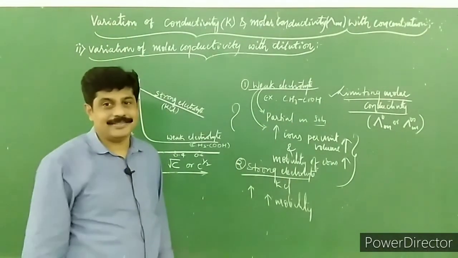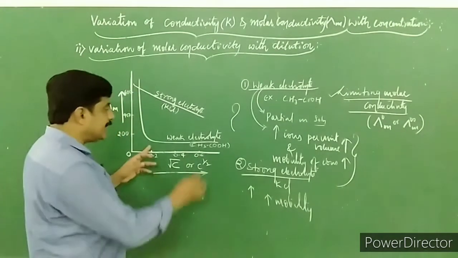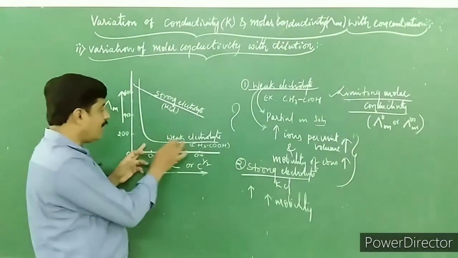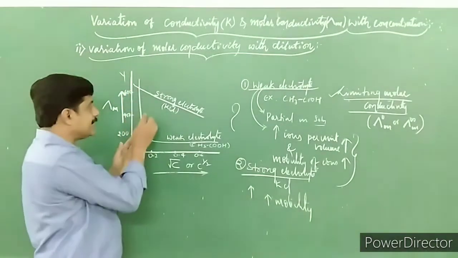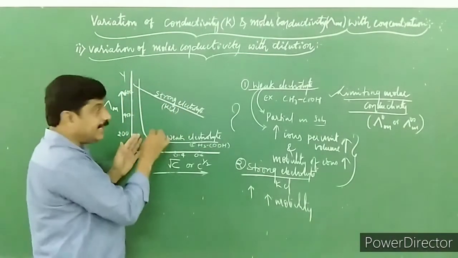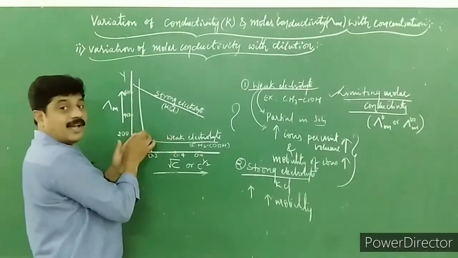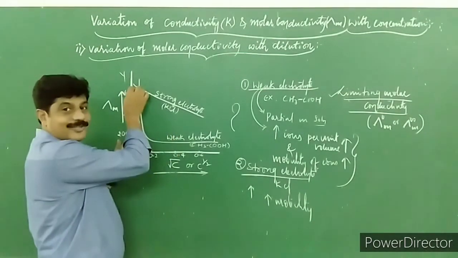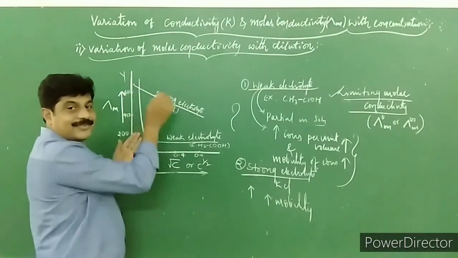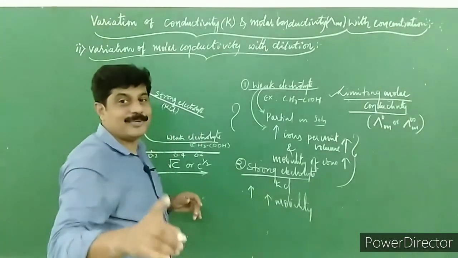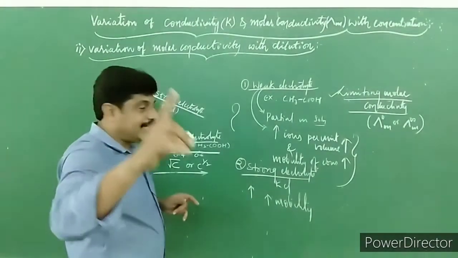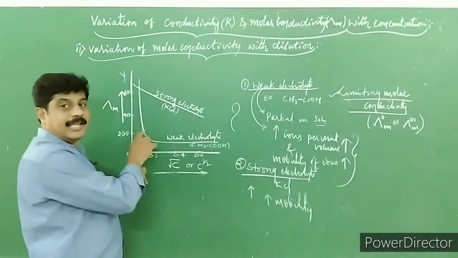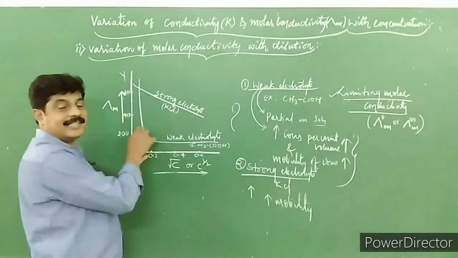Hope you understand that. Children, in the case of weak electrolyte, the graph is almost parallel to the y-axis. That means it is not possible for me to extrapolate the graph for weak electrolyte to zero concentration. In other words, it is not possible to find out limiting molar conductivity for weak electrolyte by extrapolating or extending the graph.